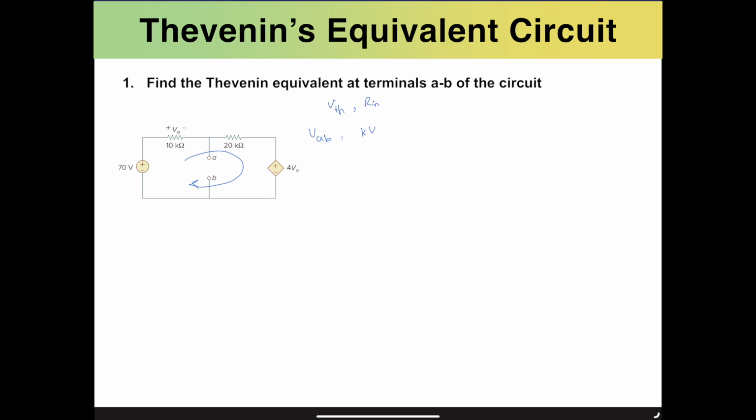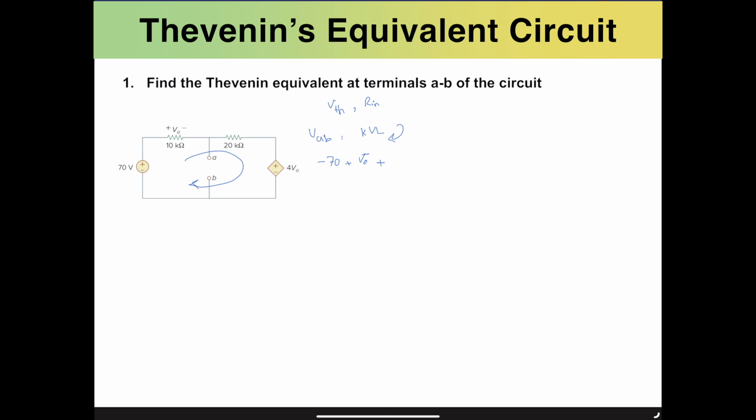We can start from this bottom reference point and move clockwise through this 70 volts. That would be minus 70 because we're entering through the negative terminal, and then plus VO, the voltage that we don't know yet.